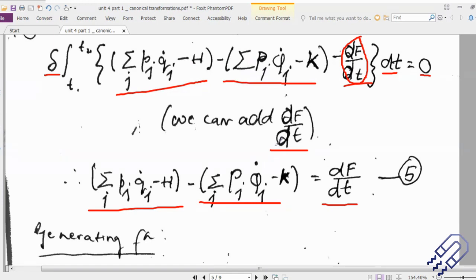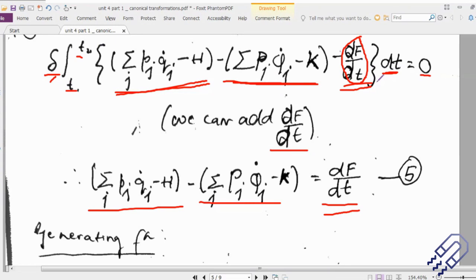Understand it mathematically: if these two become equal to df by dt, df by dt is not 0. Integration from t1 to t2, delta is there, and then dt, then it's 0. But df by dt is not 0. Please remember this.